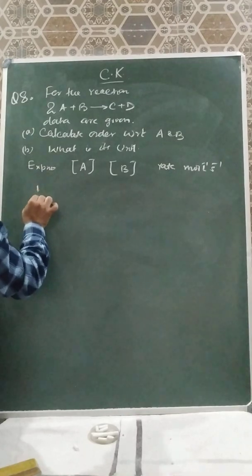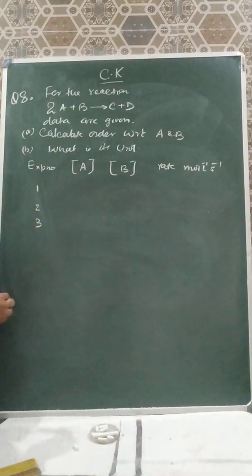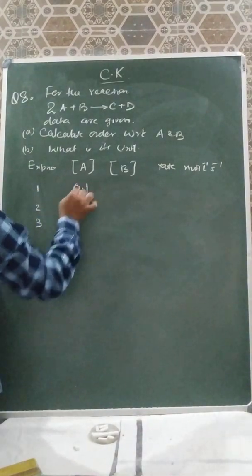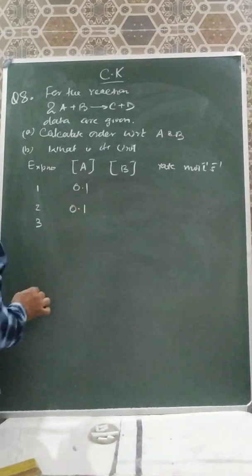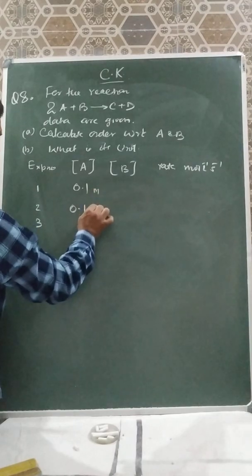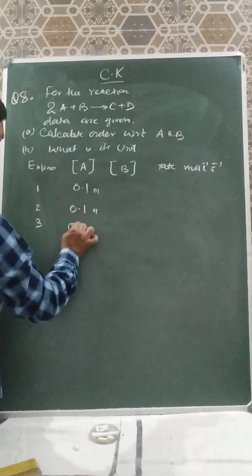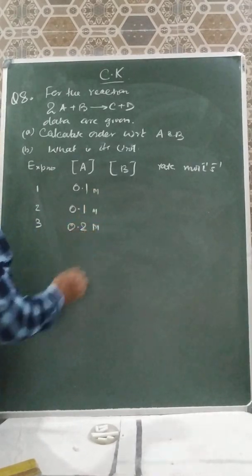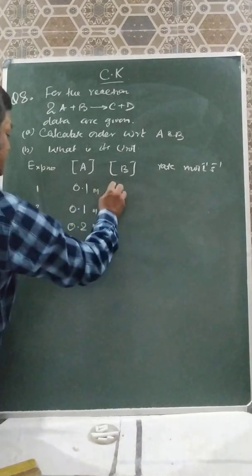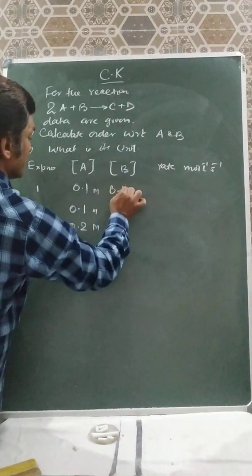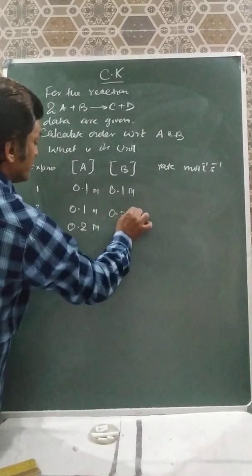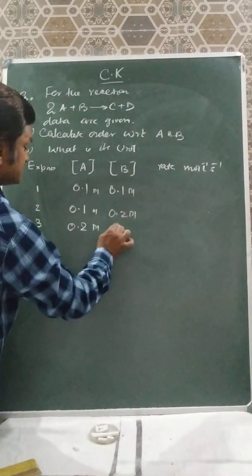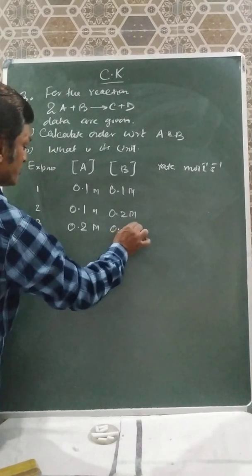Experiments 1, 2, 3. For A: 0.1 mole per liter, 0.1 mole per liter, and the third is 0.2 mole per liter. For B: 0.1 mole per liter, 0.2 mole per liter, and 0.1 mole per liter.